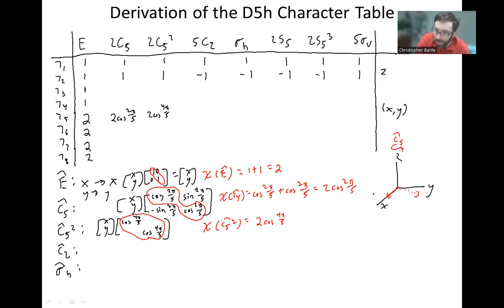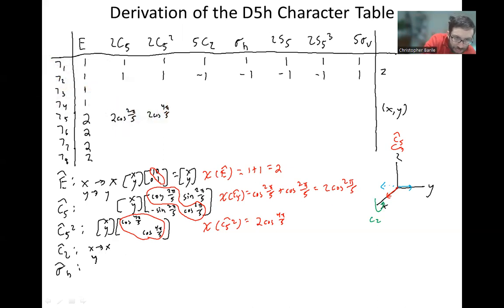Well, remember we defined one of our C2s as wrapping around the x-axis, being coincident with the x-axis. So if we do that, and we're rotating 180 degrees along the x-axis, well, that's going to do nothing to x. If we do that for the y vector, okay, that's going to spin us to negative y, right? Because we have a vector here, and then we're rotating it this way, and so it's going to spin it to the opposite side.